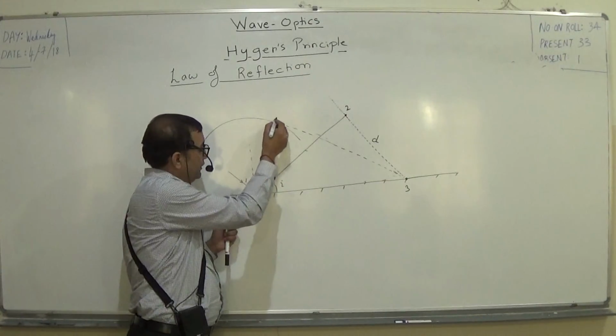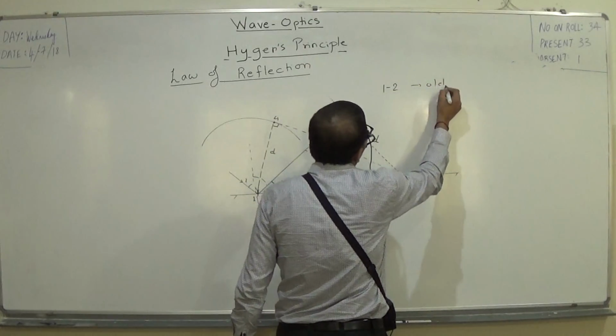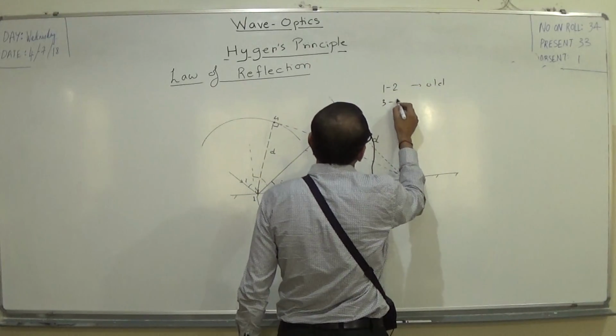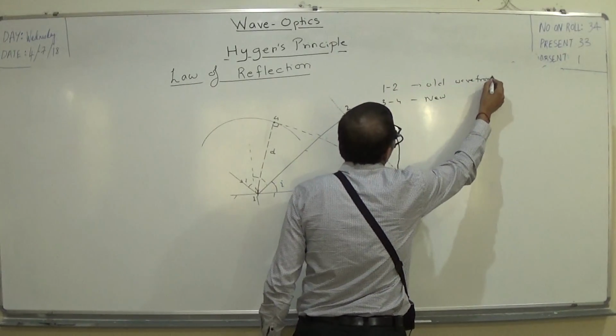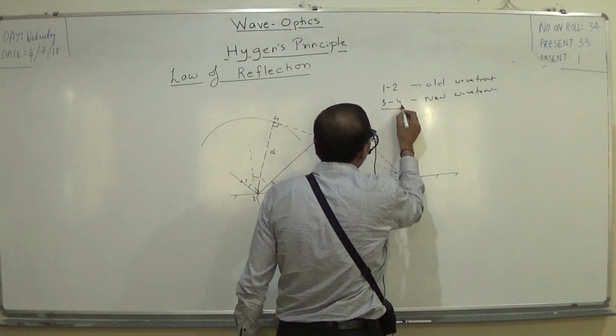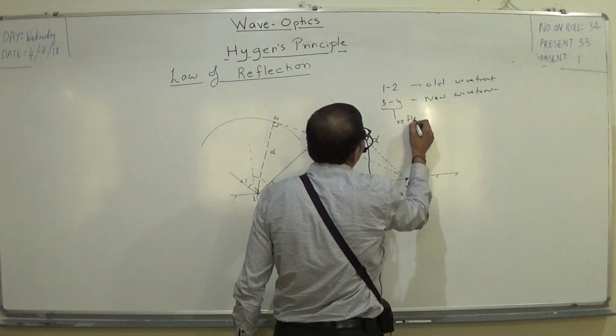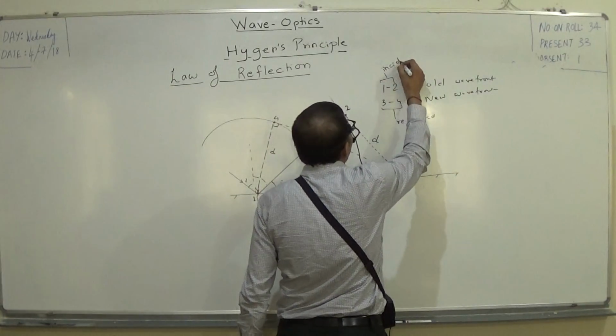This is the new wavefront. This is 1, 4. So 1 to 2 is the older wavefront, and 3 to 4 is the new wavefront. Or 3 to 4 is the reflected wavefront, and 1 to 2 is the incident wavefront.